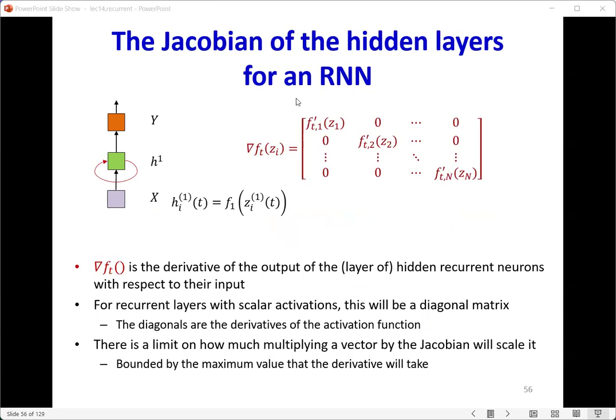But the Jacobian tends to be of this form. Do you remember this? When you take it past an activation, right? And what are the individual terms of the diagonal? What are they?